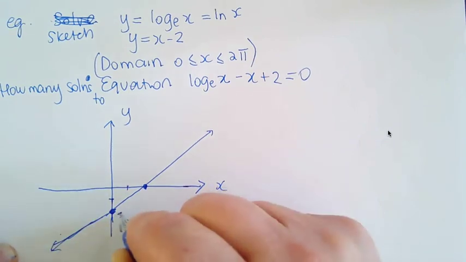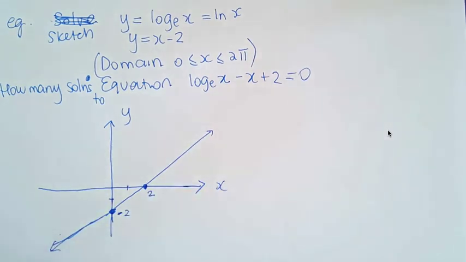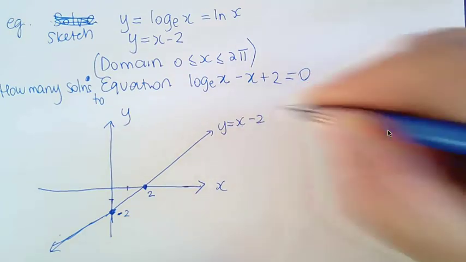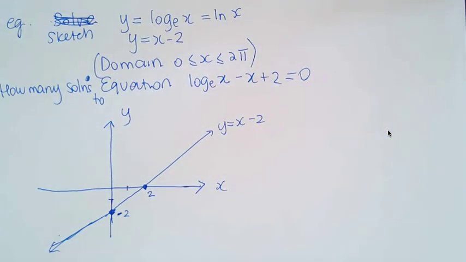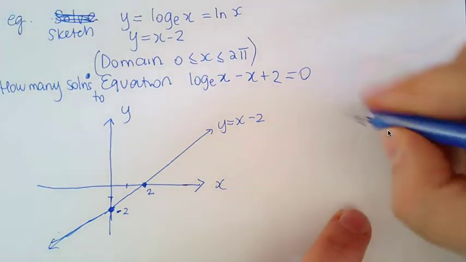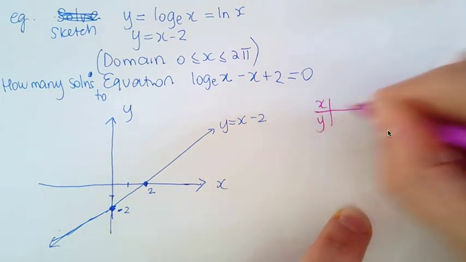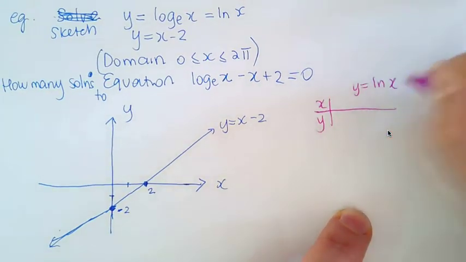It'd be best to always do the straight line first, because at least that's linear. Okay, and that's y equals x minus 2. Do you remember how the other curve looks? Y equals log to the base e of x. You can always do a little table of values if you want. X, y. Y equals ln x.